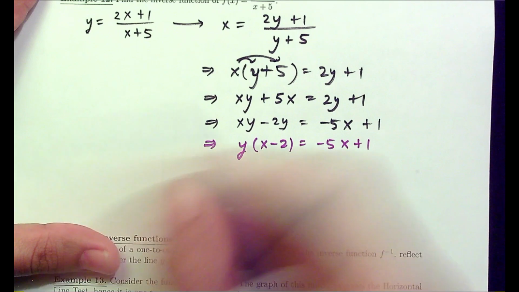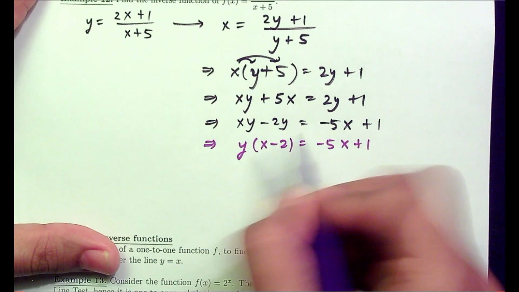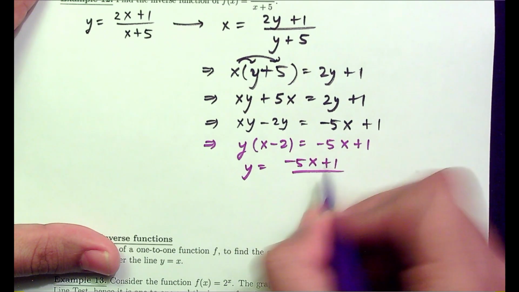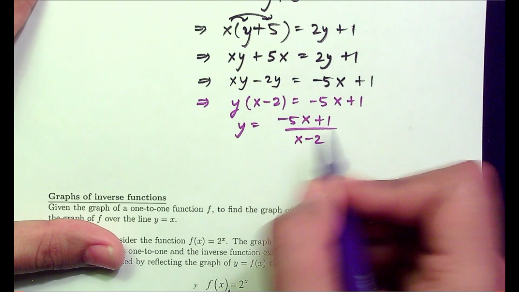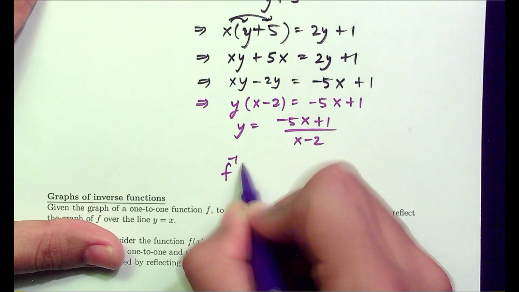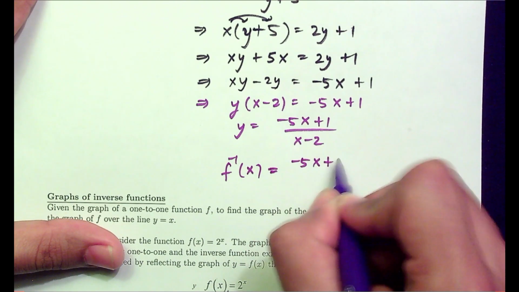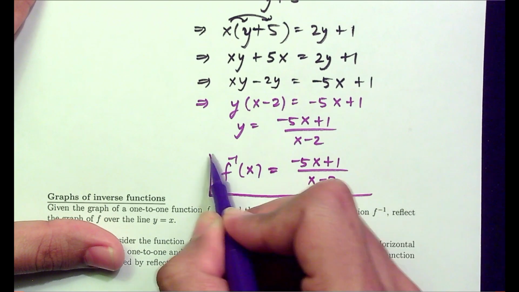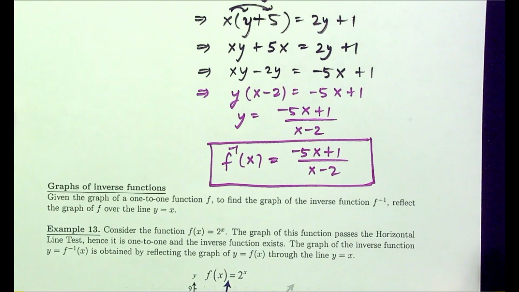And lastly, divide by this because I want the y all by itself. I need to get rid of that. So divide by that and you get (negative 5x plus 1) over (x minus 2). And that's the answer. That is the formula for the inverse function. So let's write it out: (negative 5x plus 1) over (x minus 2). That's it.